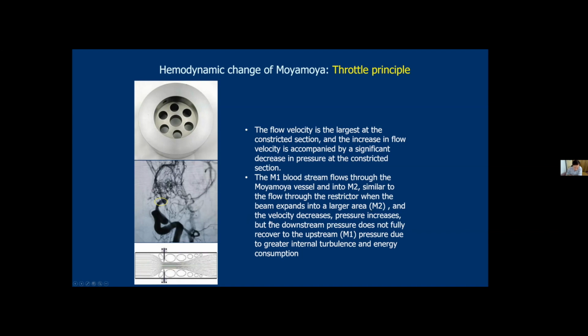Then the velocity decreases and pressure increases, but the downstream pressure doesn't fully recover to the upstream M1 pressure due to the greater internal turbulence and energy consumption. So this is what happens in the moyamoya vessels.